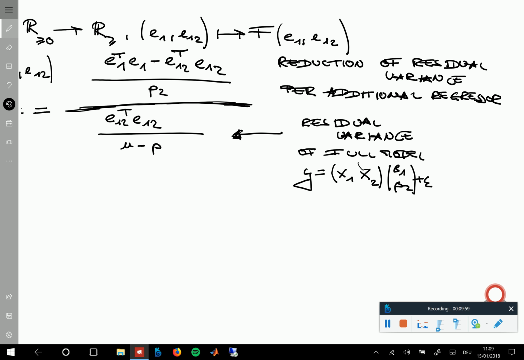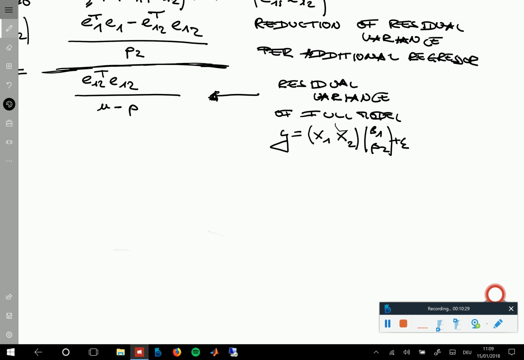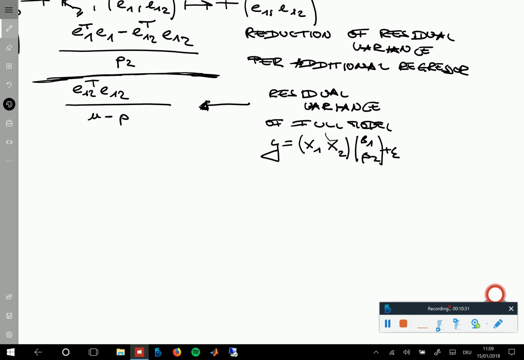To understand this reduction of residual variance, it's easiest to consider the case where the full model is the true model and the case where the reduced model is the true model. So let's first assume that the reduced model is the true model.